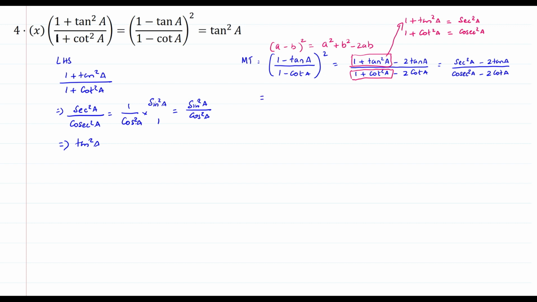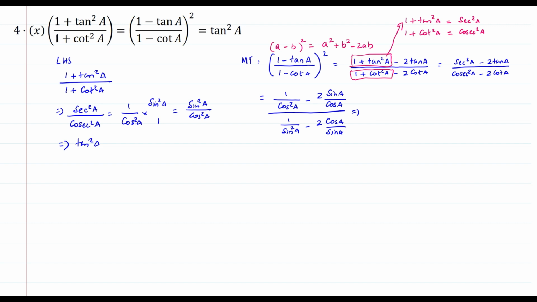So the next step will be secant square A can be written as 1 by cos square A minus 2 into sin A by cos A. And cosecant square A can be written as 1 by sin square A minus 2 into cos A by sin A.